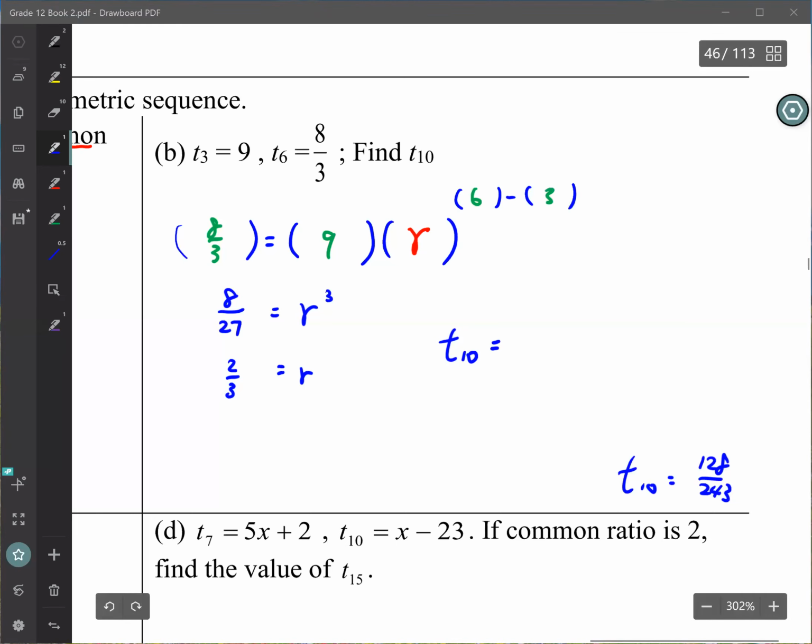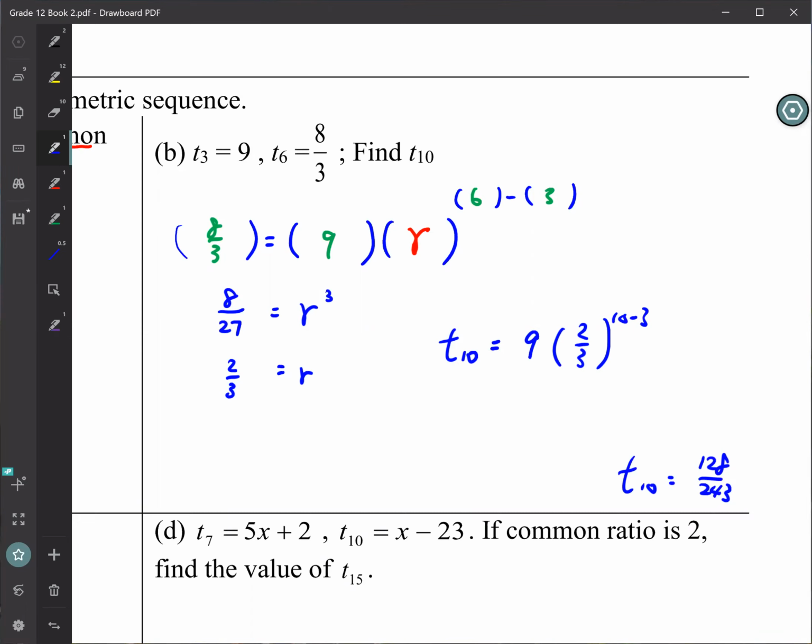She can't hear. Then how about Eric? How did you find T10? I did T10 equals 9 times 2/3 to the exponent 10 minus 3. Okay, so you chose to start with the third term. It doesn't matter which one you start with, you will still end up with the same answer.